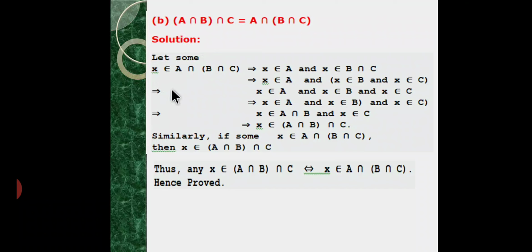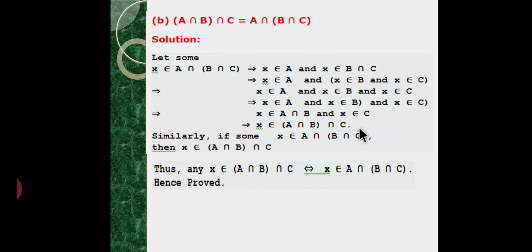So x belongs to A, intersection means and, x belongs to B intersection C. So x belongs to A and x belongs to B and x belongs to C. So grouping, x belongs to A and x belongs to B, and x belongs to C. From this we write x belongs to A intersection B and x belongs to C. So x belongs to (A intersection B) intersection C. Similarly, if x belongs to (A intersection B) intersection C, then x belongs to A intersection (B intersection C).